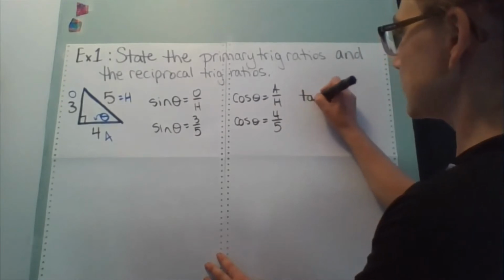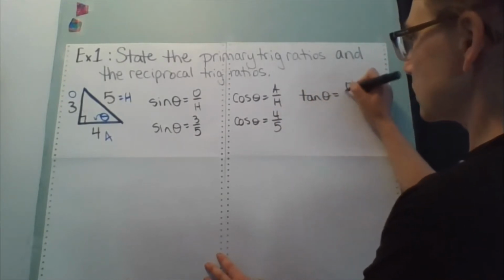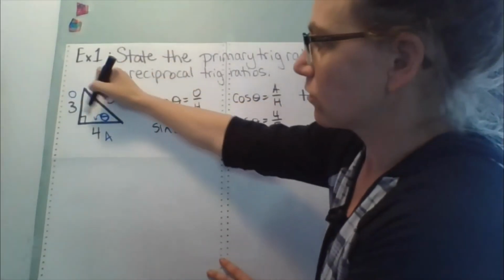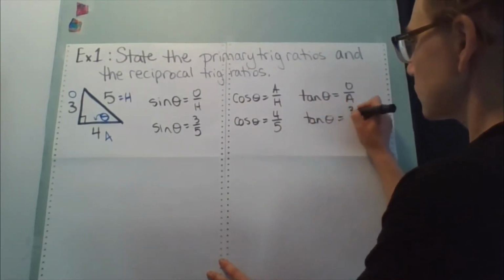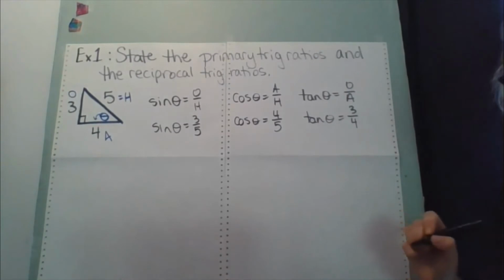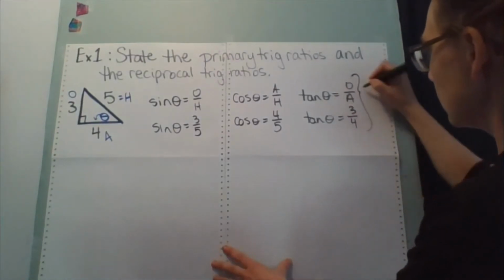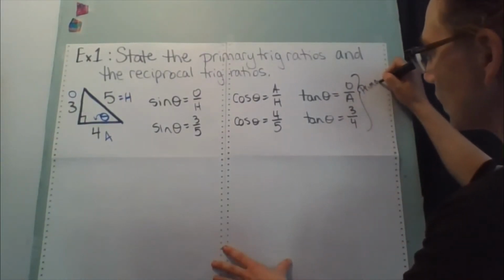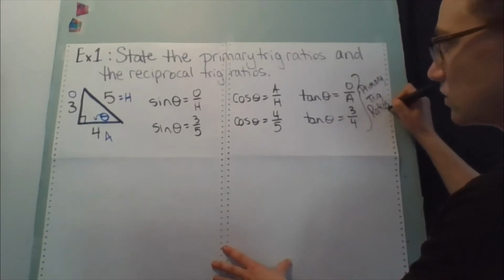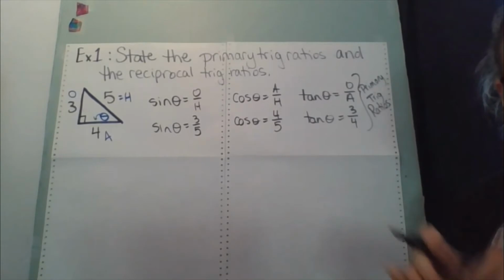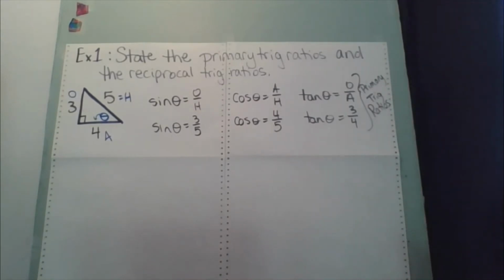And we're writing out tan theta, which is opposite over adjacent. So 3 over 4. So those are my primary trig ratios, and that's all you got to do. You're just writing the fraction. That's it.